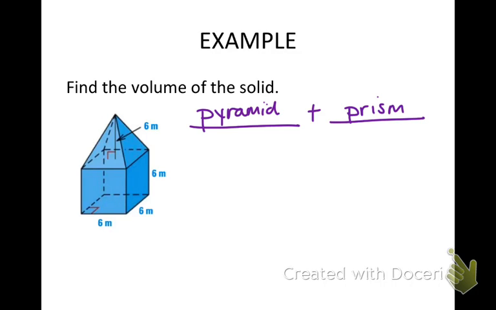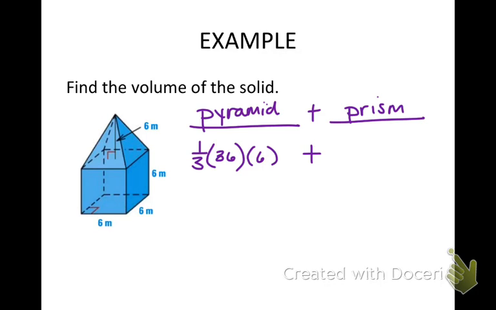So how do I find the volume of a pyramid? 1/3, what's the area of the base shape? The base shape is a square, so the area of it is what? 36. What's the height of the pyramid? 6. Good. Now let's do the prism.